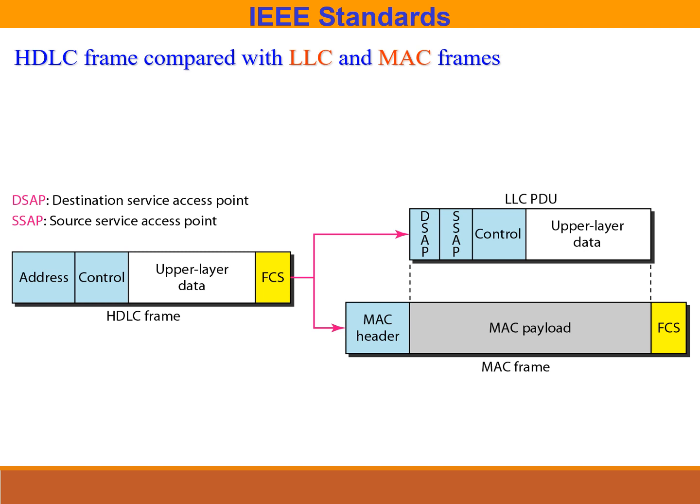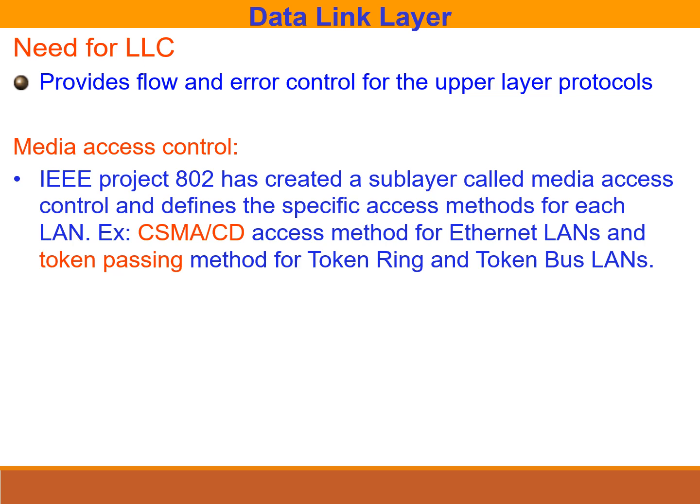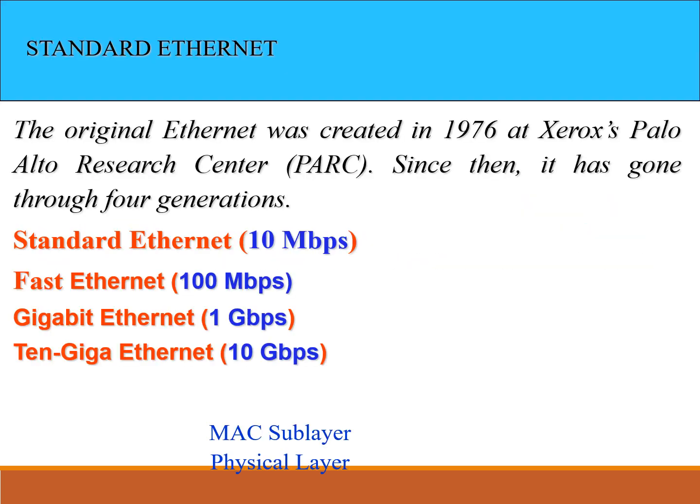It defines CSMA/CD collision detection as the media access method for Ethernet LAN and the token passing method for token ring and token bus LAN. In the physical layer, it depends on the implementation and the type of physical medium used. IEEE defines detailed specifications for each LAN implementation.